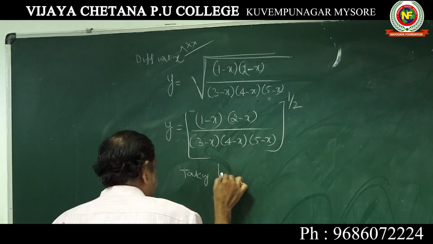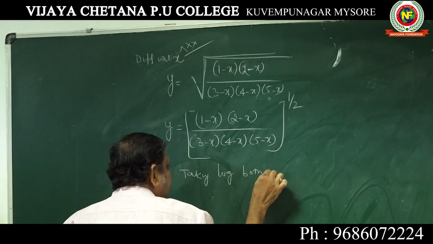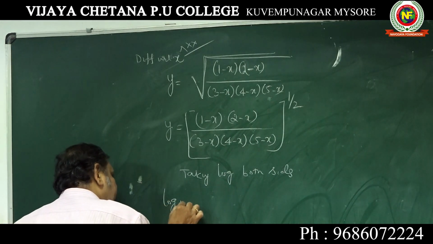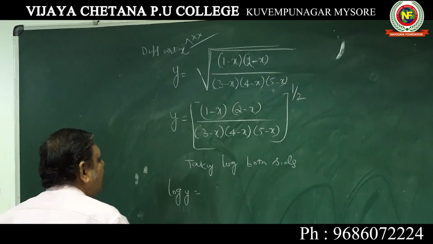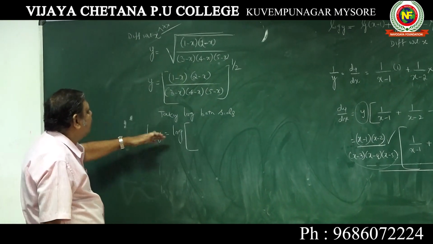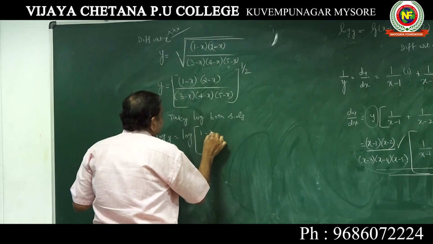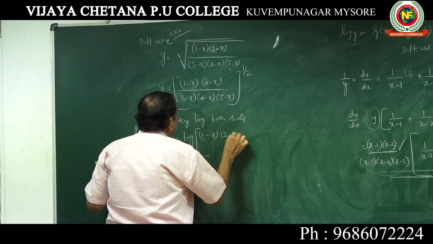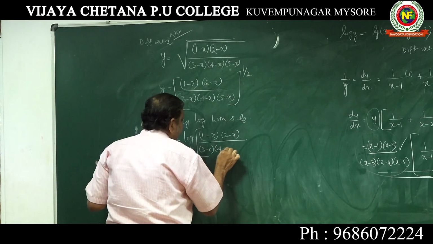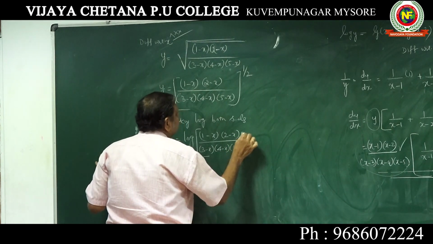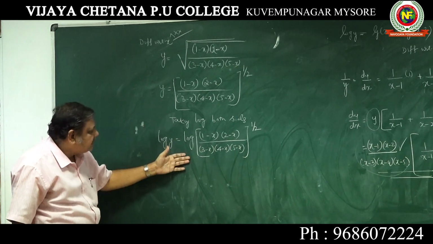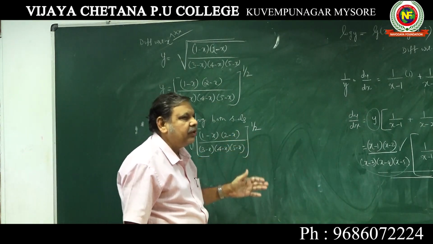Taking log both sides, log y is equal to log of this much, (1−x)(2−x) by (3−x)(4−x)(5−x), whole to the power of half.